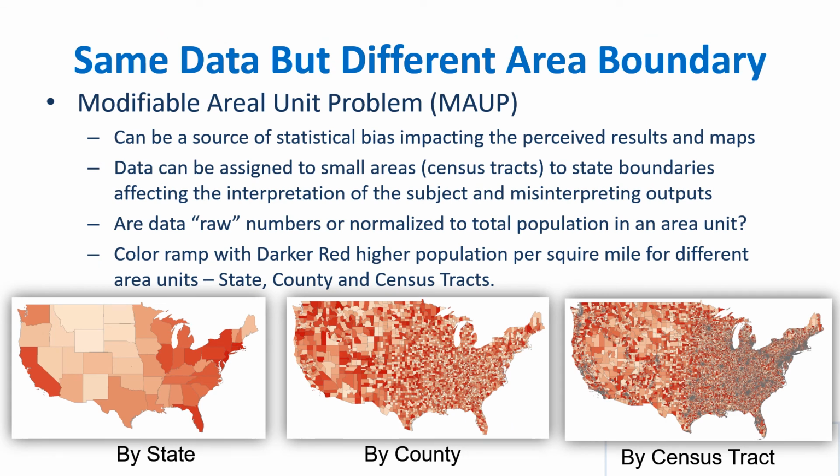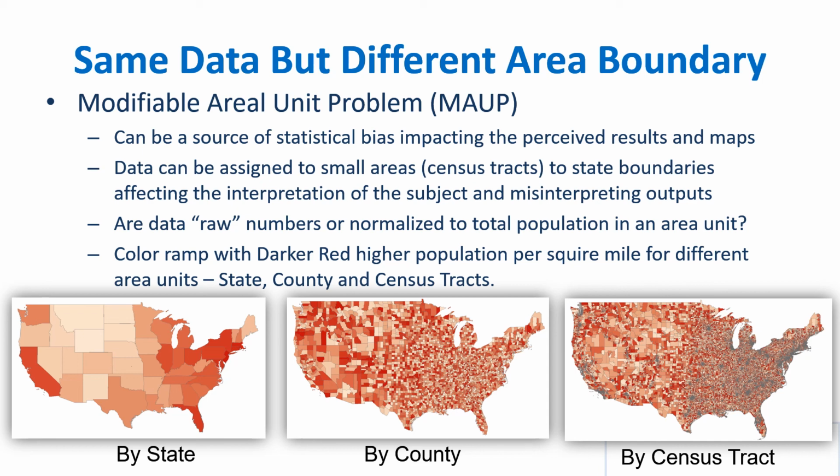The modifiable area unit problem is one that you see a lot in data, especially if it's by state, where the perceived results in maps can be very different or lead to different types of interpretations.